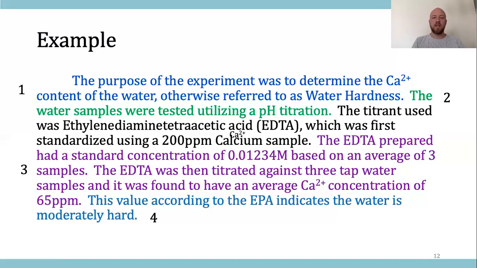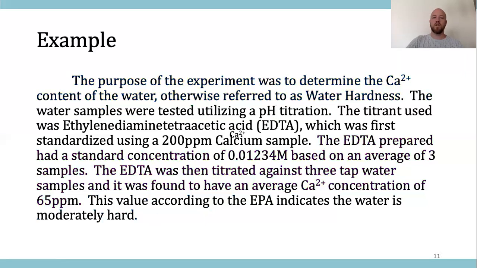So if you tell me the EDTA was 65 ppm, I accept your analysis. If I redo your calculations and find your concentration was actually 2 ppm, then that's when I would disagree with you for what you got. But for the most part, I'm looking for you to direct the reader to what is the answer.